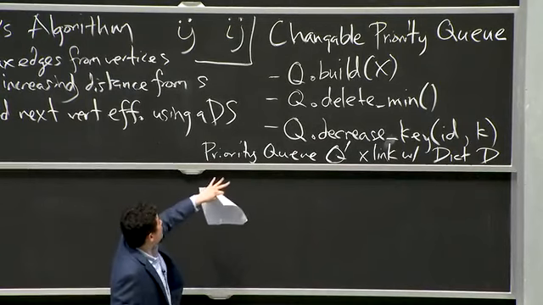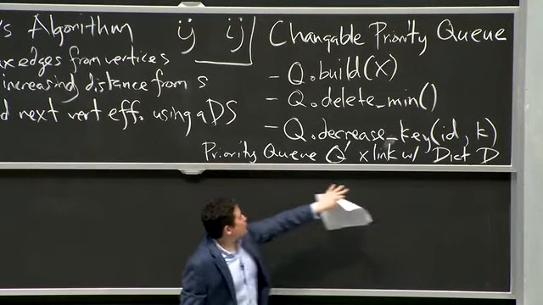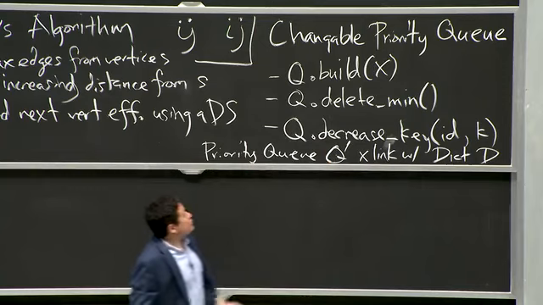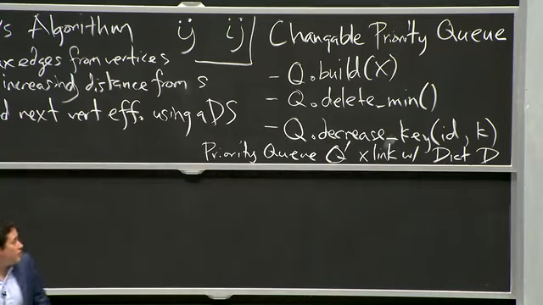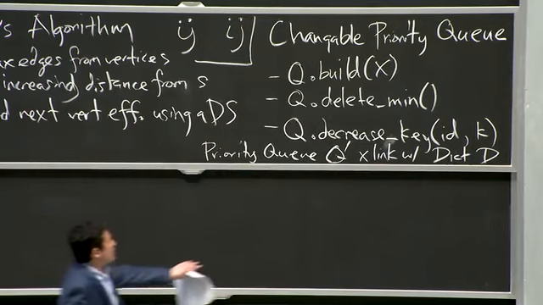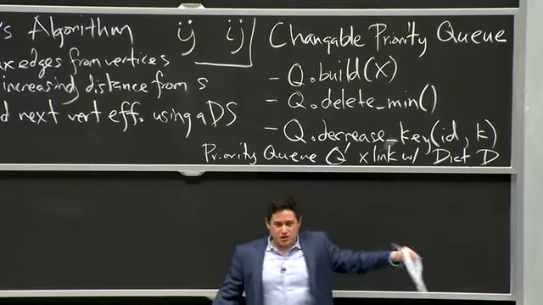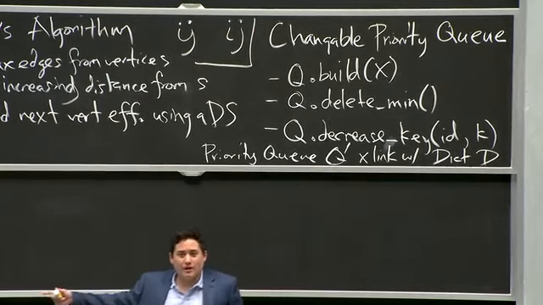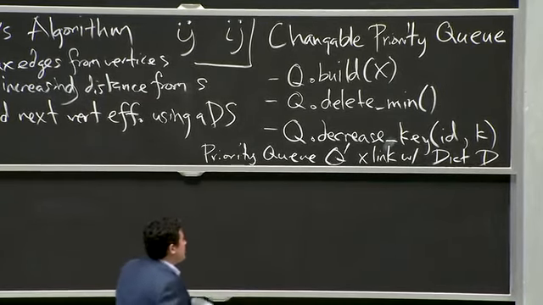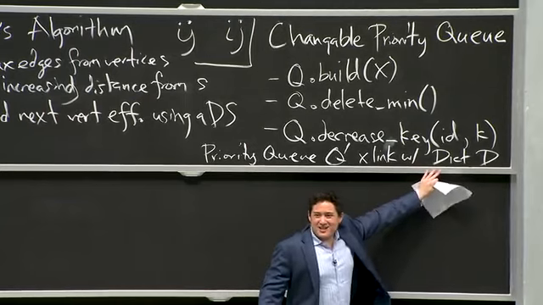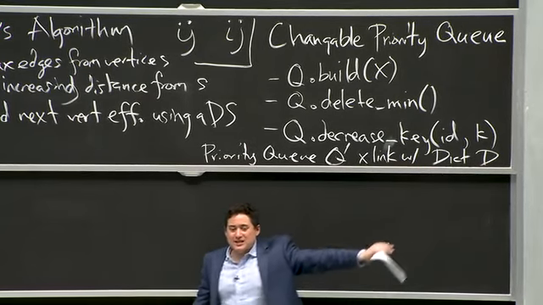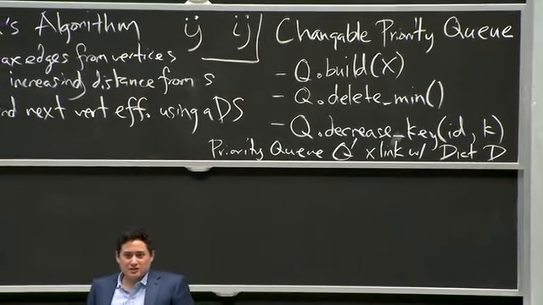So if we had a priority queue and a dictionary, we could do this stuff pretty fast, okay? In particular, I'm going to assume that the IDs of our vertices are the integers between 0 and V minus 1. And so for my dictionary, I could get constant time lookup of that ID by using what data structure?